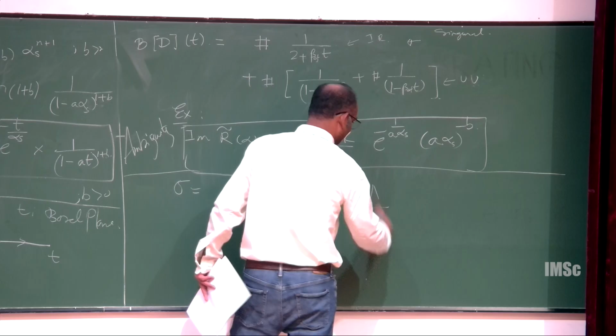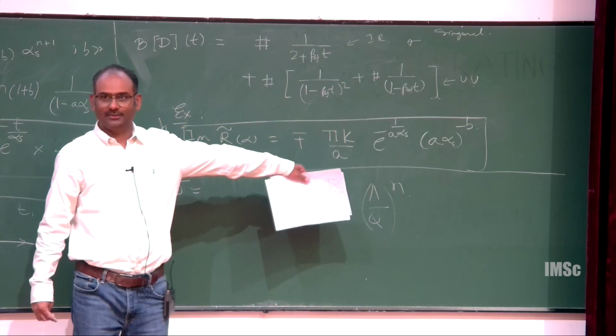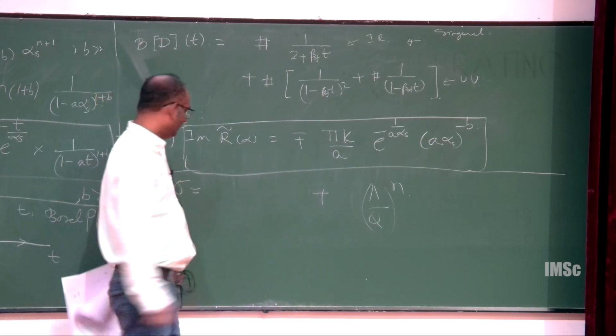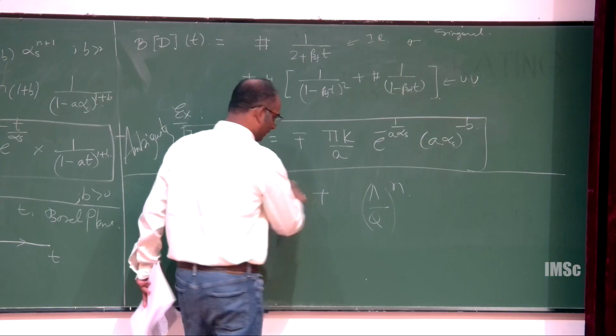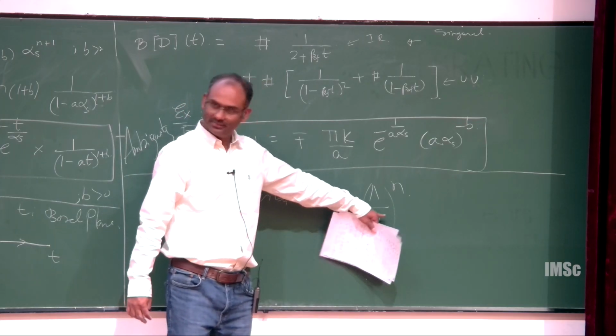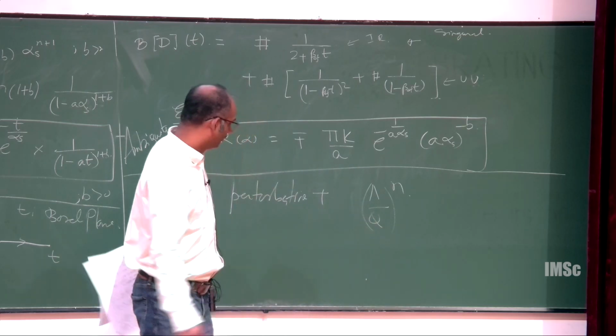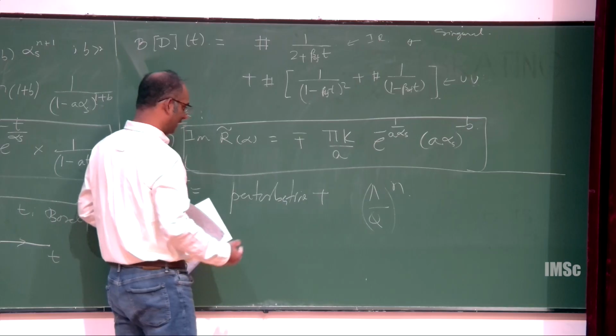It will have these terms which your perturbation theory cannot calculate, and then you have a perturbative part. And you are also going to see why this claim is true.